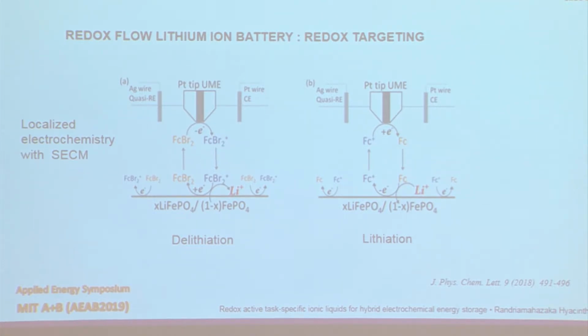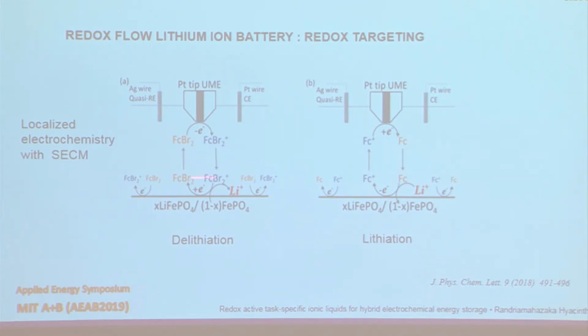And to do this work, we choose two kinds of redox mediator. The first one is ferrocene, and the second one is dibromoferrocene. The choice of this redox probe is due to the thermodynamic condition. And also the composition of the substrate: we have a mixture of lithium iron phosphate and iron phosphate.